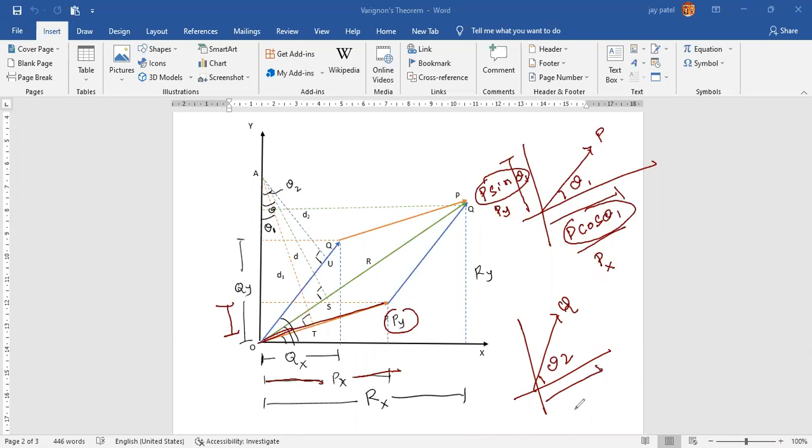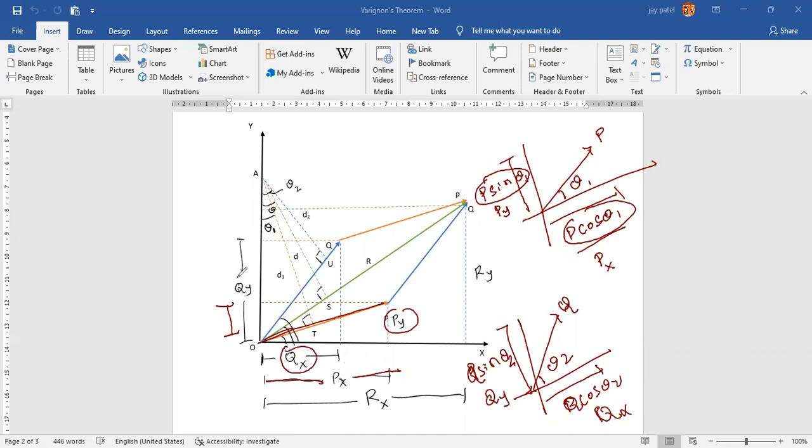Again, this is Q cos θ2 and this is Q sin θ2. So can I say this is Qx, this is Qy? I hope it is clear to all of you.